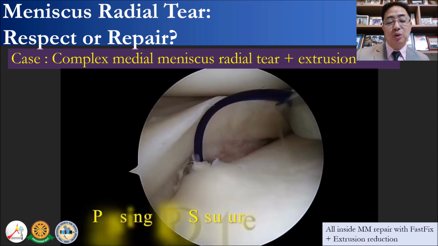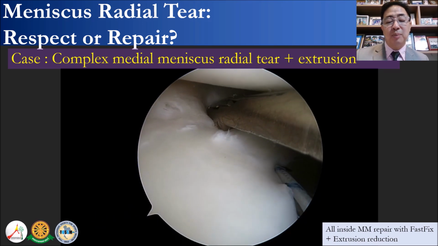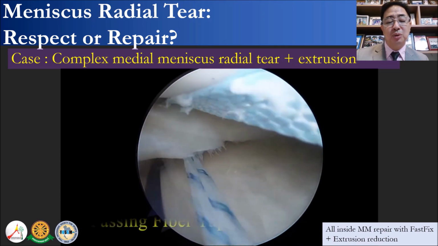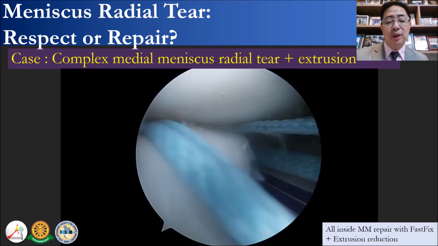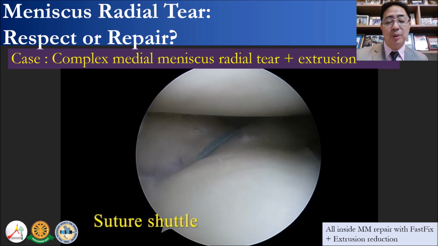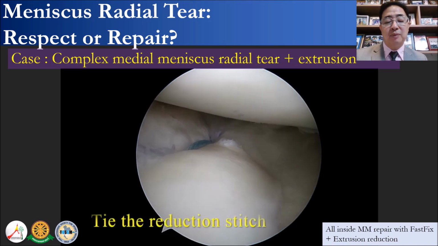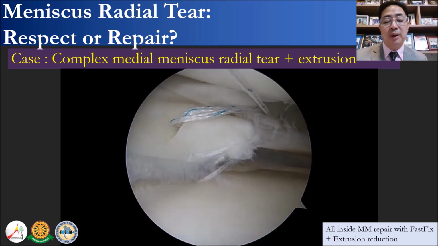So first we need to do trephination, and he also has extrusion of the meniscus. I needed to do extrusion reduction for him too. This extrusion reduction reduces the tension on our repair site. After the extrusion reduction, I did the side-to-side repair of the meniscus.